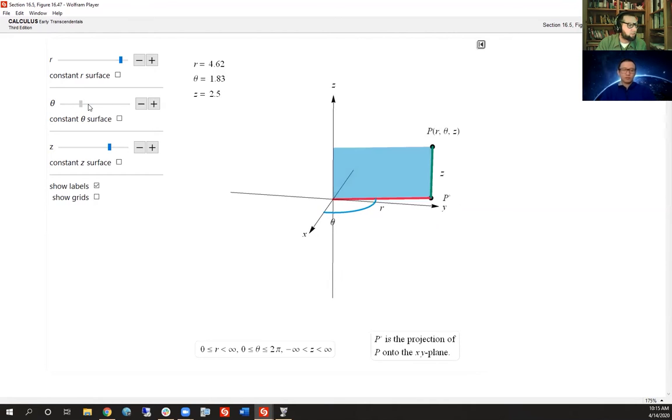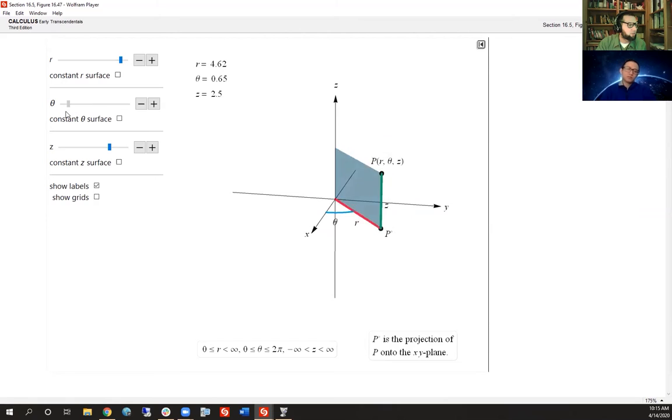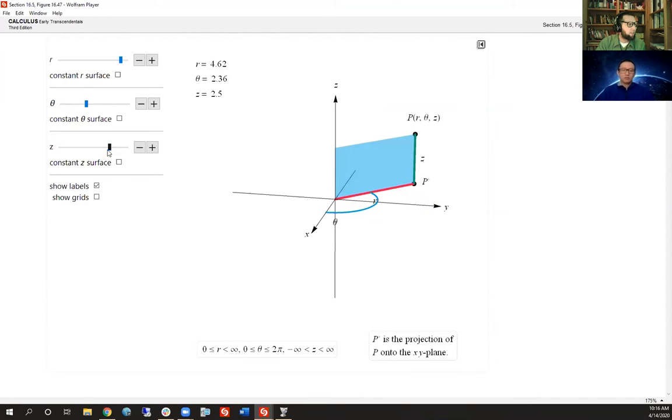Theta, this is your friend that you know from before. It's going to be the angle swept out. Notice it's still the angle swept out from the positive x-axis, just like before. It's just now we're in 3 dimensions, so the axis looks a little funny. And then z is just like you'd expect, it's the vertical distance.